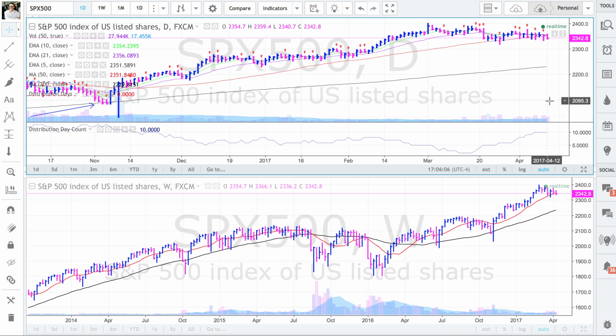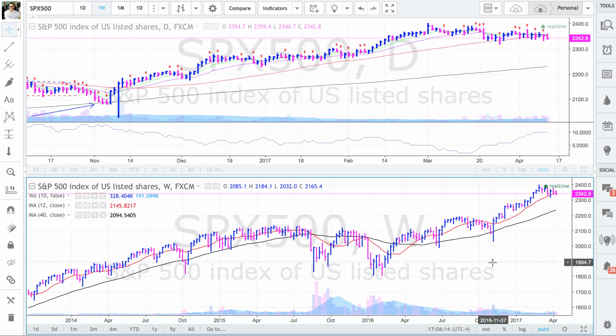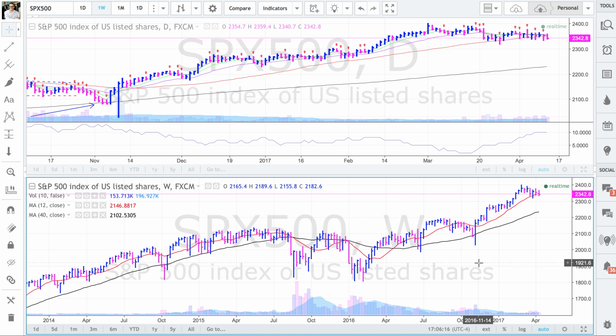One thing that's important to point out, especially on the weekly chart, where it's more pronounced, so I like to look at the weekly, is that right after the election, we've been running non-stop, and this is really the first time that the market has paused to consolidate. We ran about 12% since November, about 3 months at that point, and we've only really been consolidating since the beginning of March.